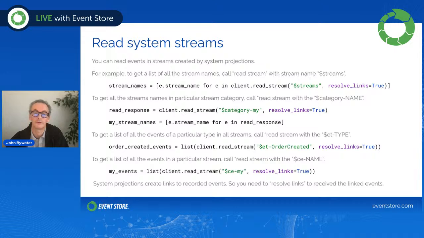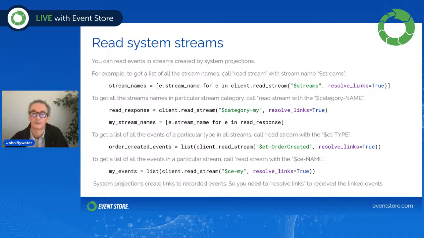If we want to get all the events of a particular type in all streams, we can use the event type stream. And if we want to get all the events in a particular stream category, we can use the $CE thing. And for these methods, we need to pass resolve links equals true.